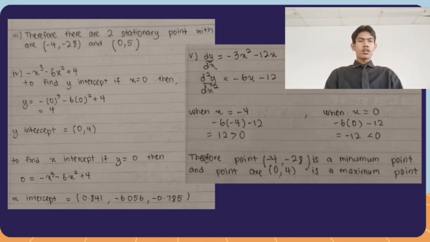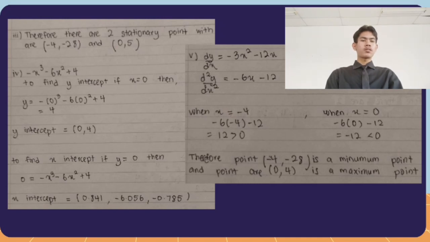So when s equals negative 4, we substitute s with negative 4: negative 6 (negative 4) minus 12, and we get 12, which is bigger than 0. Then when s equals 0, negative 6 times 0 minus 12, we get negative 12, which is smaller than 0.